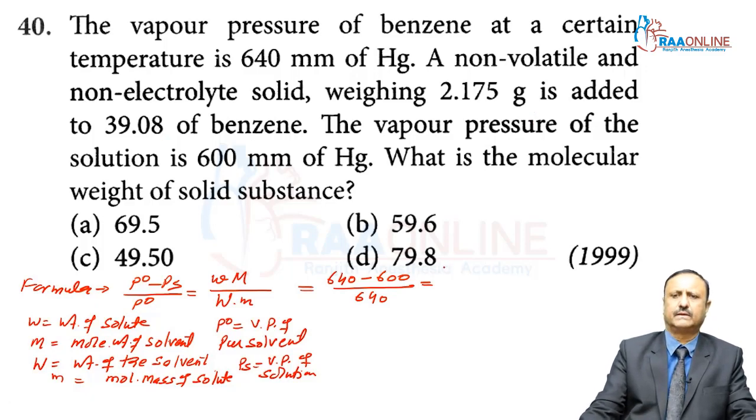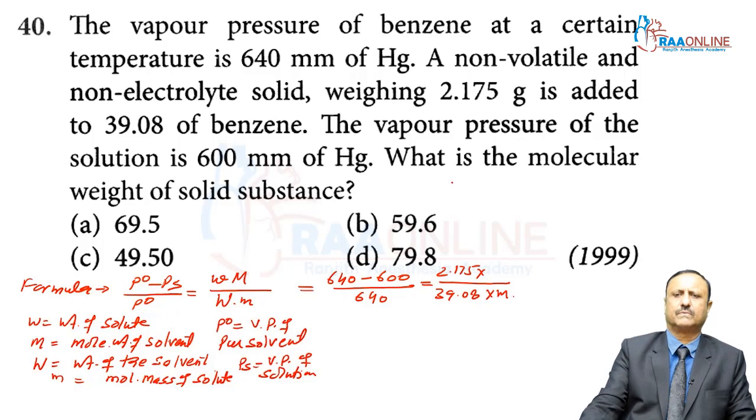So, small w is 2.175, and capital M, molecular weight of benzene. Now, here we can calculate the molecular weight of benzene. Capital W is 39.8 gram, it is given, and small m, you can calculate.